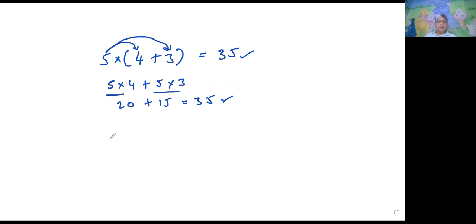Now we'll do subtraction. Suppose you do 10 times 8 minus 5. What do you get? 10 into 3 will be 30.